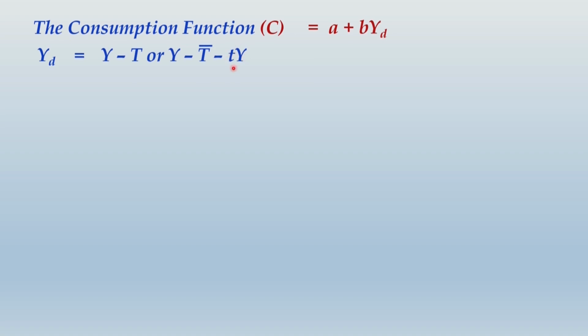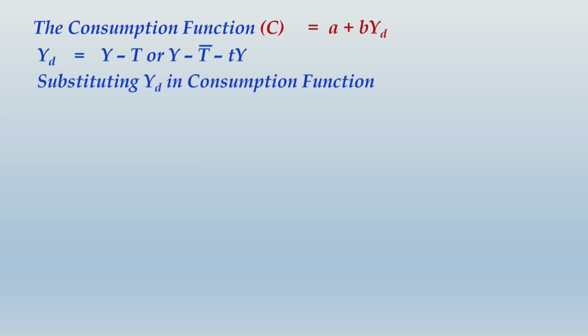So this small t is that tax rate and Y is the income. So this is the variable component of tax, this is the fixed component of tax. Both taken together will be the total amount of tax. That subtracted from the income will eventually give you disposable income.